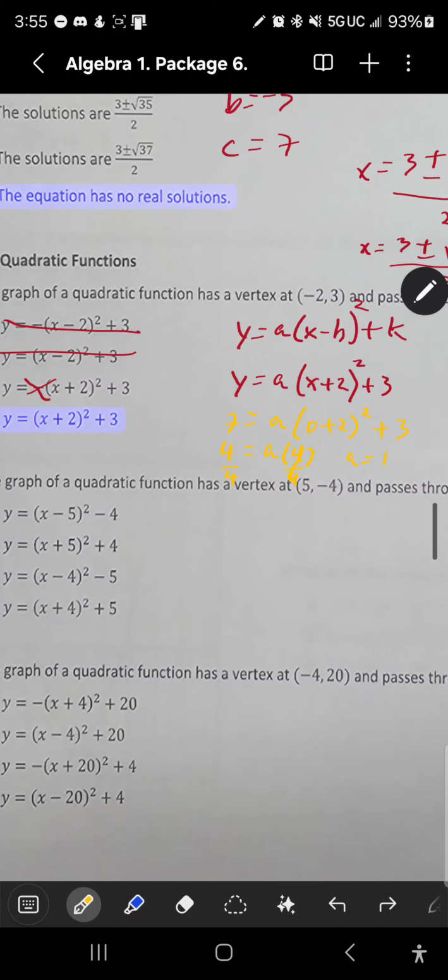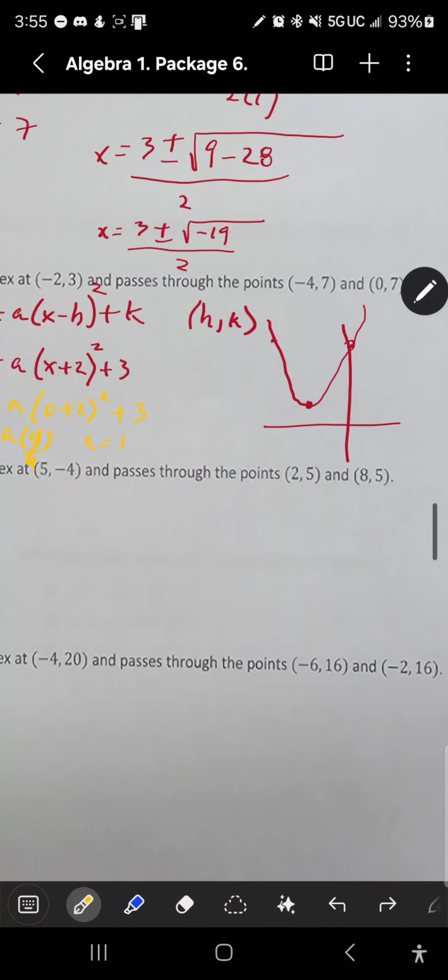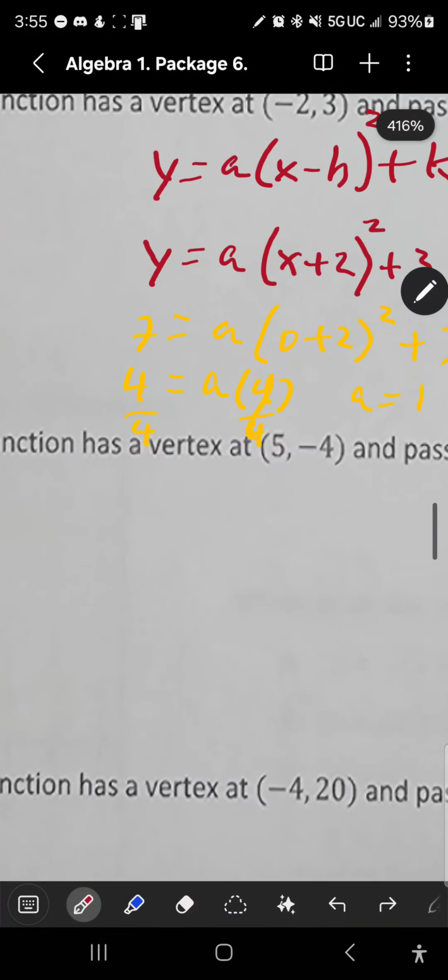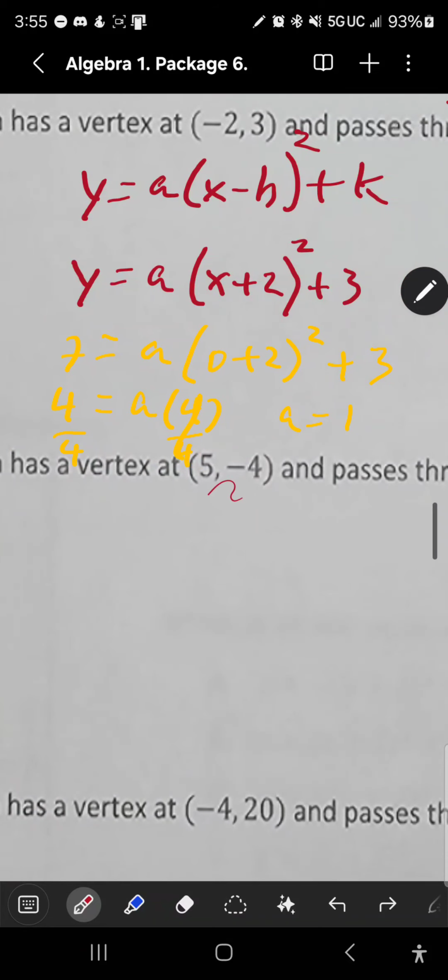Now the graph of a quadratic function has a vertex. We have a vertex there and it passes through the points. Okay, let's see. We know the formula right there. We know this will be h and this will be k.